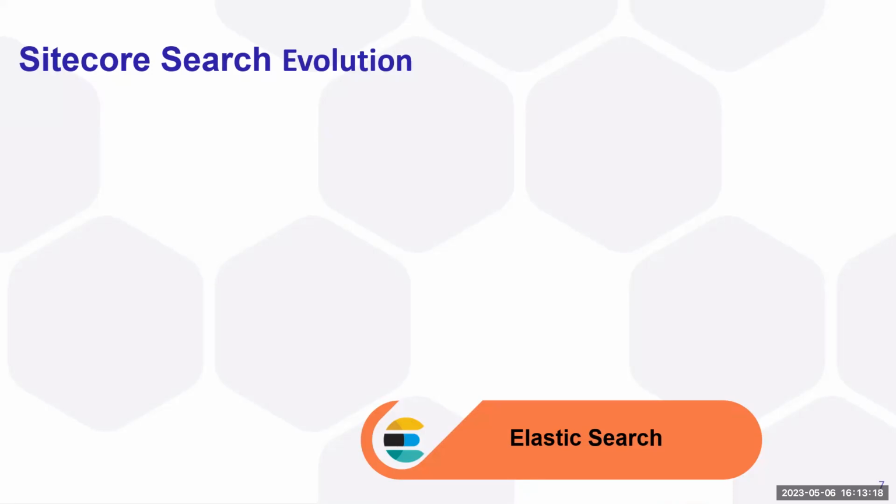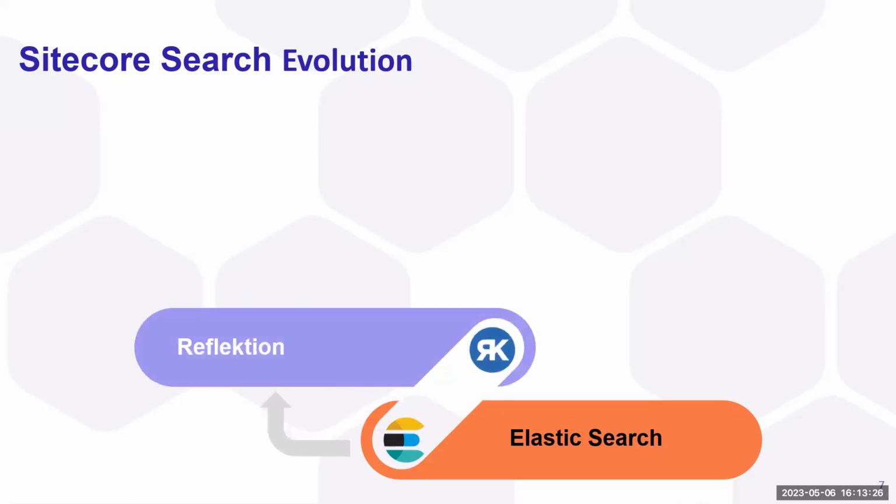Sitecore Search capabilities have evolved significantly over the years. In 2019, around 3 years back, Sitecore acquired Reflektion, a company that offered AI-powered search and personalization for e-commerce websites. The technology behind it was the Elasticsearch that we discussed. So Reflektion was built on top of Elasticsearch.